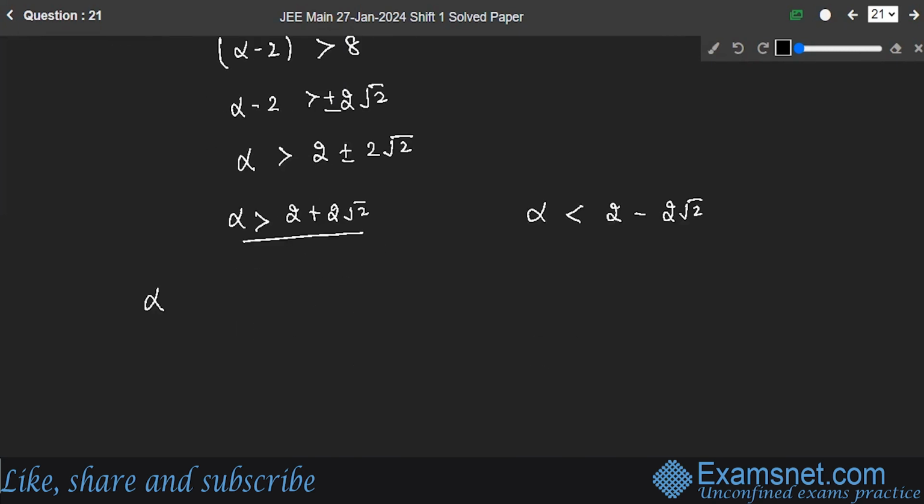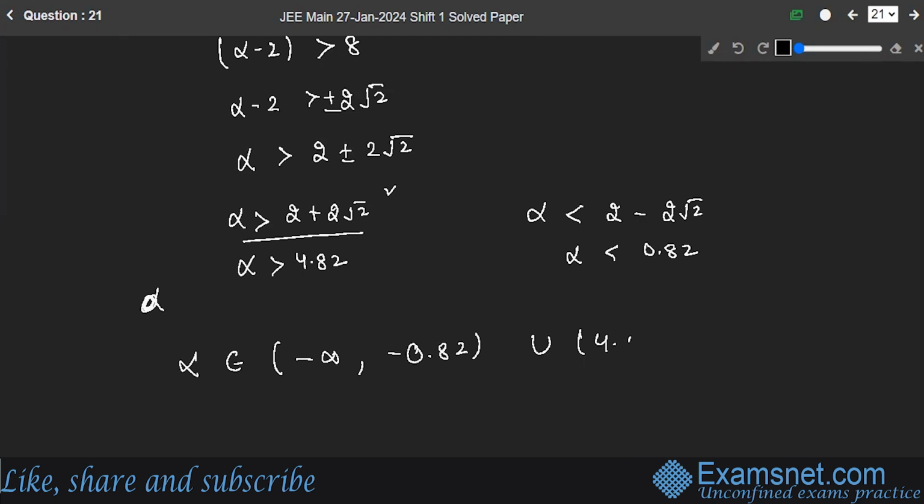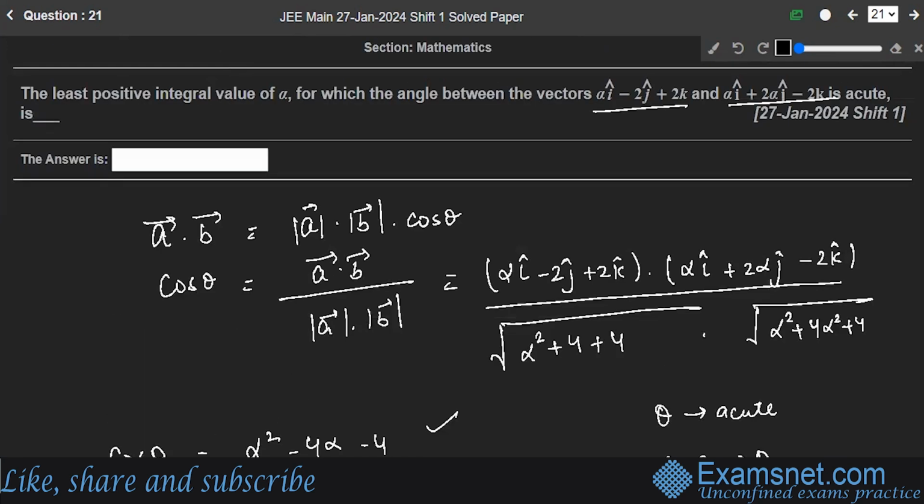So what will be the range of alpha? First of all, if I solve this, 2 plus 2 root 2 gives me the approximate value 4.82, and 2 minus 2 root 2 gives approximately minus 0.82. So now alpha will lie in the range of minus infinity to minus 0.82 union 4.82 to infinity. Now, the least positive integral value of alpha.